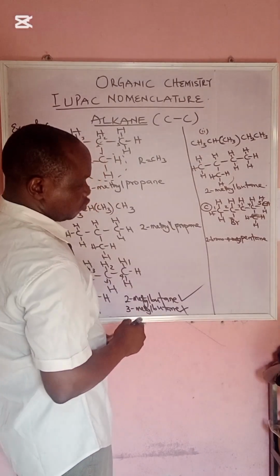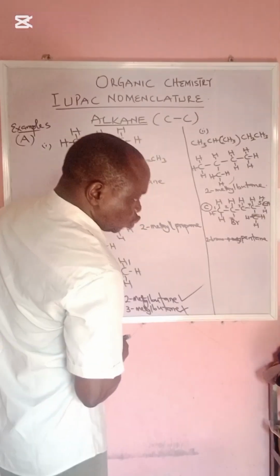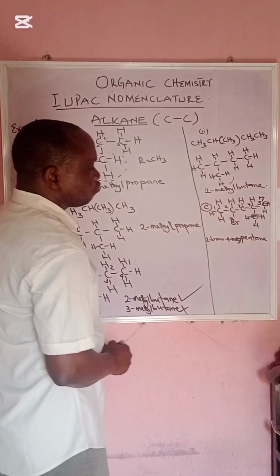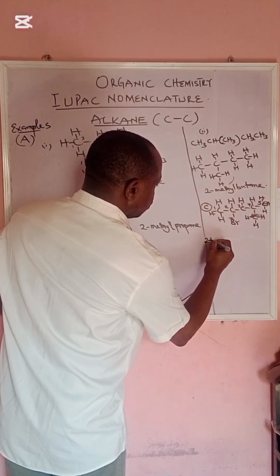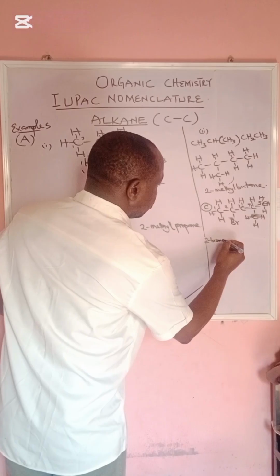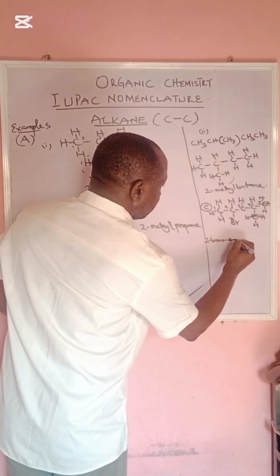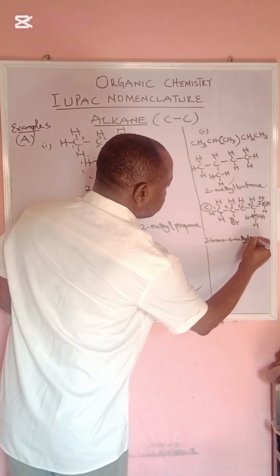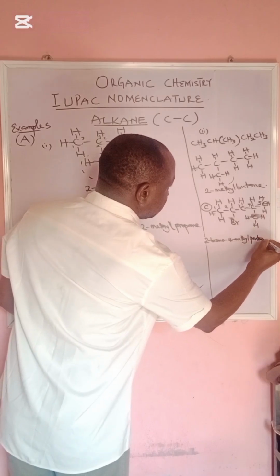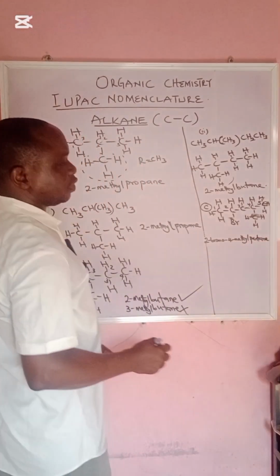I will write it now: 2 bromo 4 methyl pentane, when it is counted from left to right.